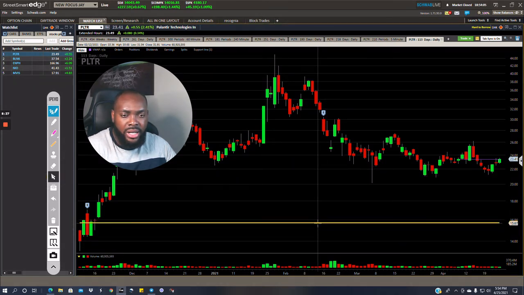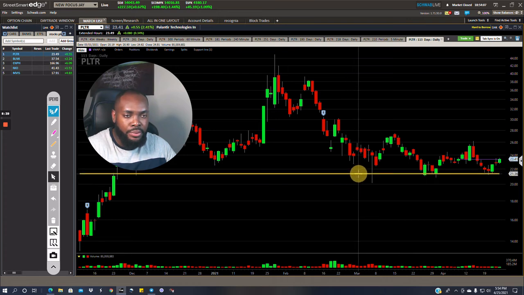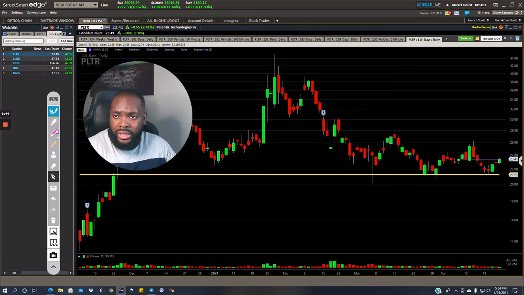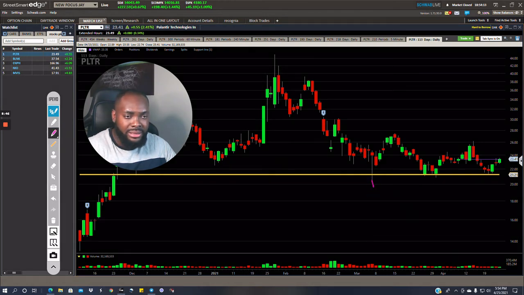So this is where we come in, we highlight this support level, at least the lowest point of support, right? And we see 1, 2, 3 times PLTR came down to that support level, and each time it came down, we got the bounce, we got the confirmation, price moved up a bit, now price pulled back.